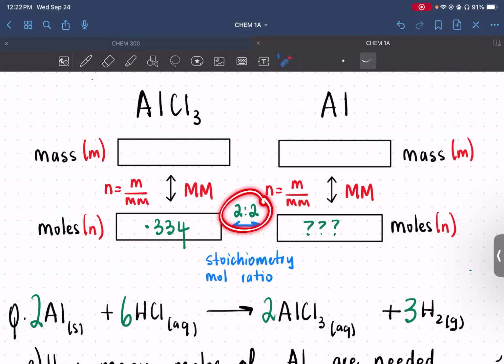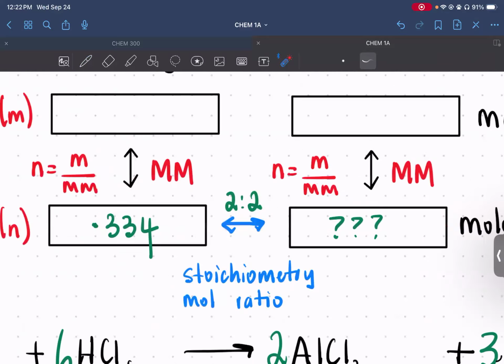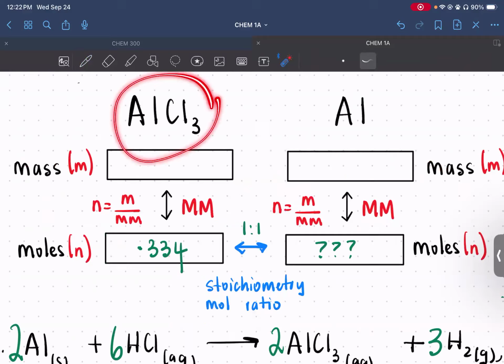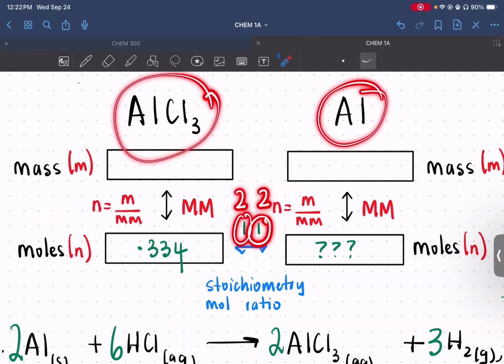This 2 to 2 ratio can actually be further simplified. A 2 to 2 ratio is equivalent to a 1 to 1 ratio. What this means is that for every 1 mole of aluminum chloride, we need 1 mole of aluminum. If we need 2 moles of aluminum chloride, we'll use 2 moles of aluminum. If we need 3 moles of aluminum chloride, we'll need 3 moles of aluminum.